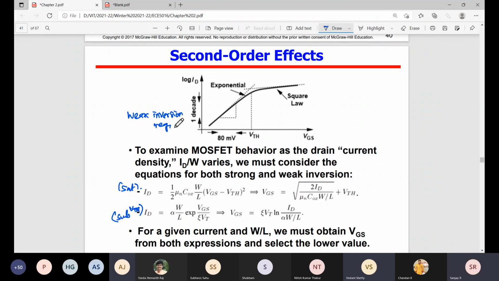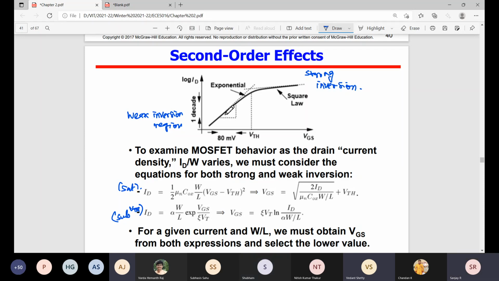Why is it called weak inversion? It is the voltage below the threshold voltage. If you apply more and more gate voltage, that is called strong inversion. You studied strong inversion and weak inversion. What does inversion refer to here? Inversion charge, the inversion layer.